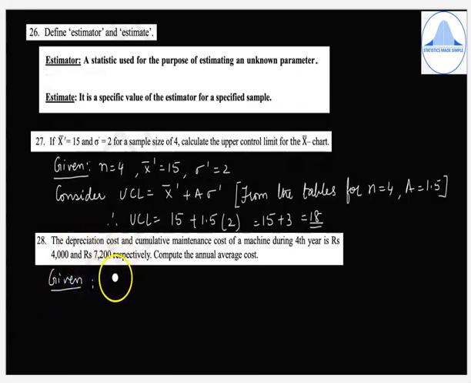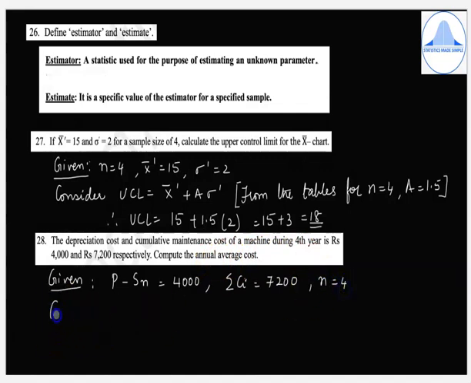Depreciation cost is P minus SN, which is equal to 4,000, and cumulative maintenance cost is summation CI, which is equal to 7,200. So P is the capital cost, SN is the resale value or the scrap value. And the question now is to find out the annual average cost during the 4th year. So which means that N is equal to 4.